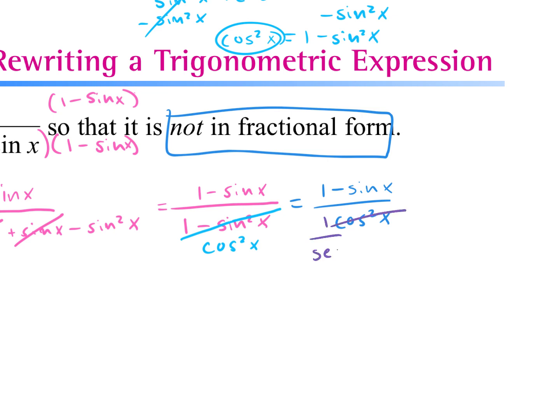One over secant squared. So I could do that. Since it's cosine squared, I would just change it to 1 over secant squared. Now what happens when I have a fraction and a fraction? Keep, change, flip. So I'm going to change the division to multiplication and flip it to secant squared over 1.